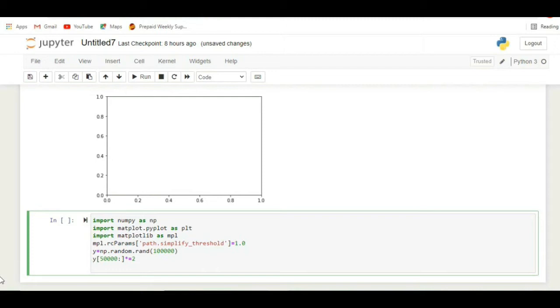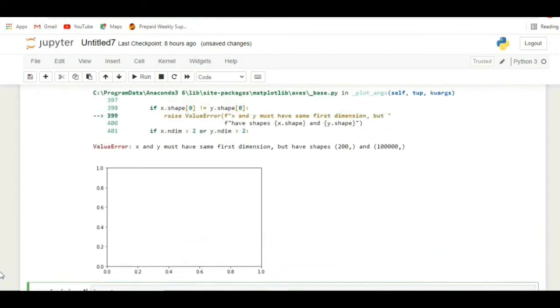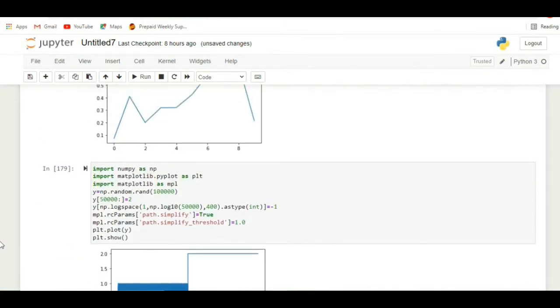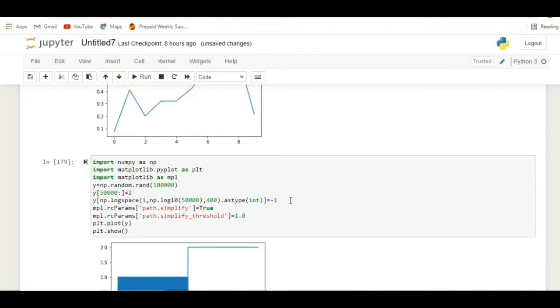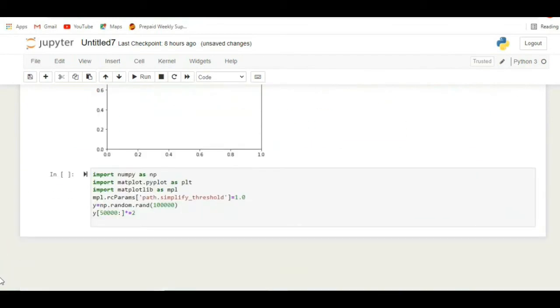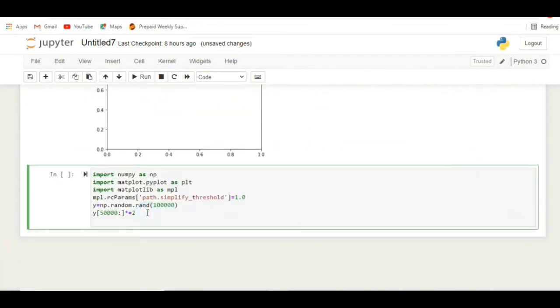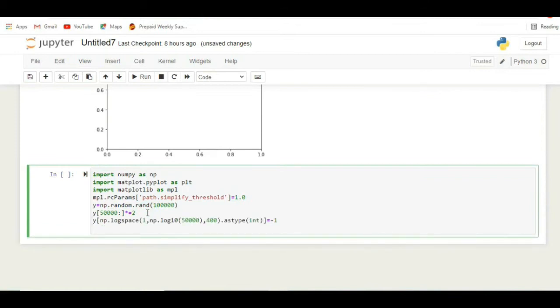Now you shall write something more to complete the code, or you can just copy and paste. Yes, I shall copy from here with Control and C, and then paste it over there. After pasting it, again we shall write something more.